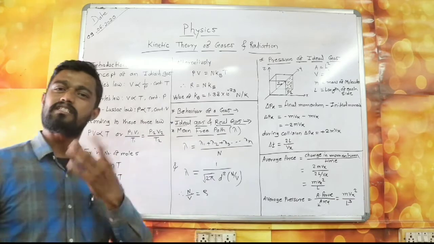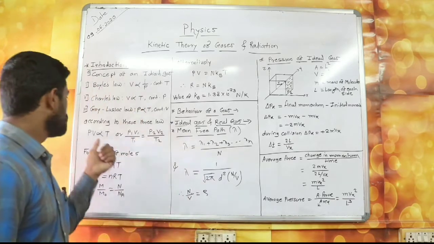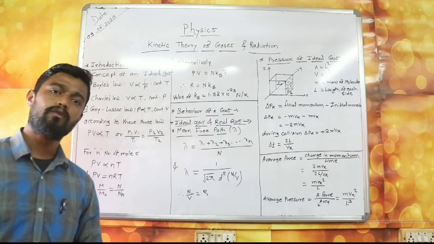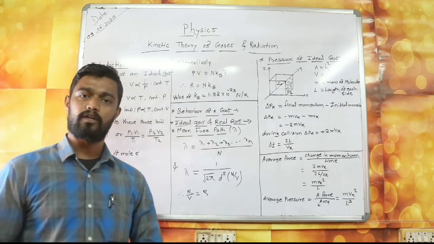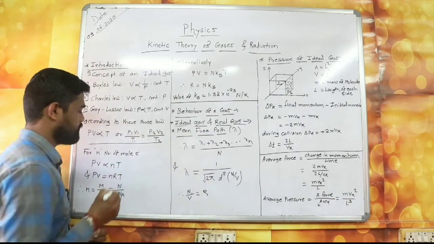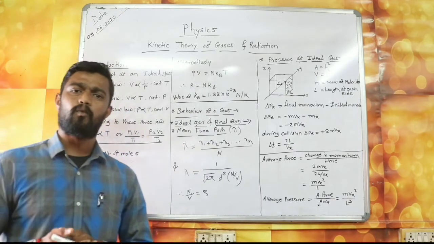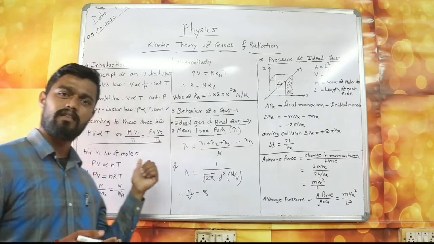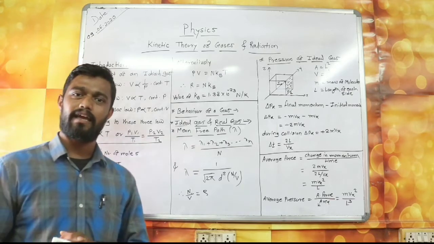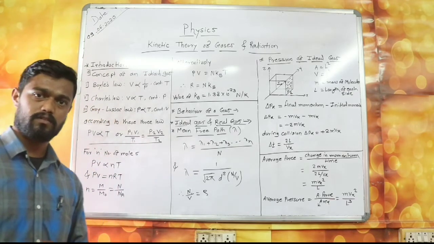According to these three laws, you get PV is directly proportional to T, or P1 V1 upon T1 is equal to P2 V2 upon T2. You get this expression this way. For n number of moles, we have discussed this relation: PV is directly proportional to nT, where n is the number of moles.